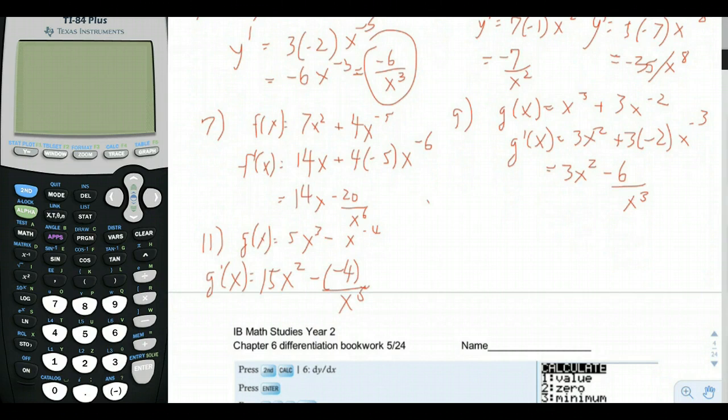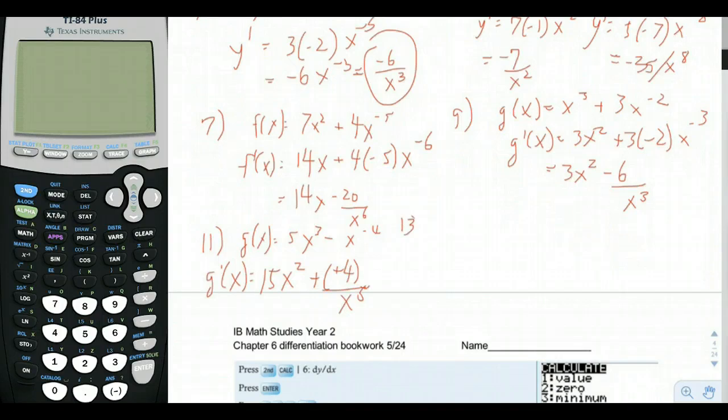Okay, do you get that? Because x to the negative fourth, the derivative of that would be negative 4x to the negative fifth, right? So that's what I wrote down here, okay? All right. If it's minus a negative, we could also change both of these to a plus. So it actually is plus 4 over x to the fifth.